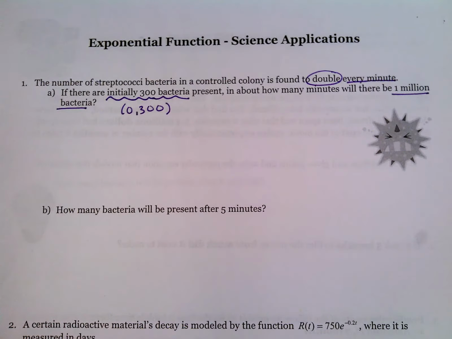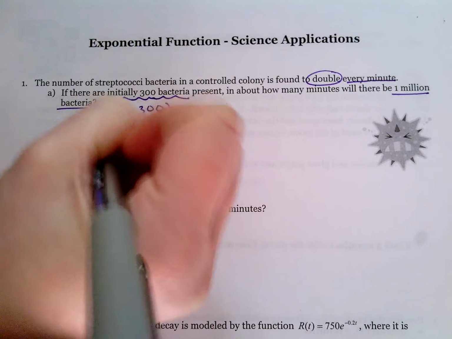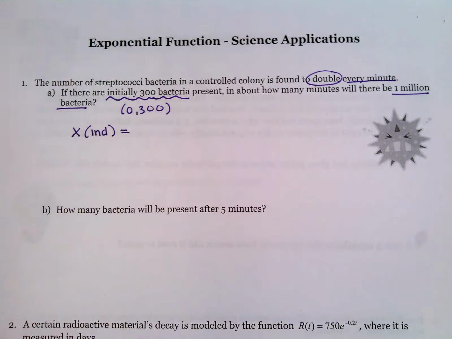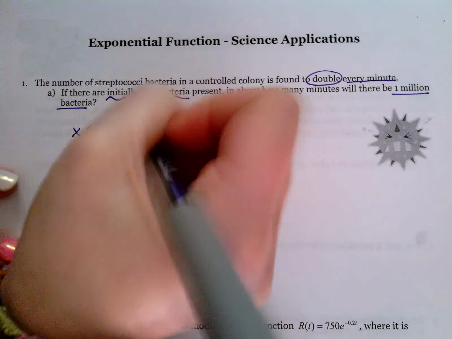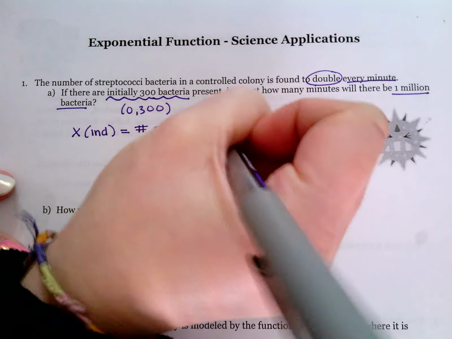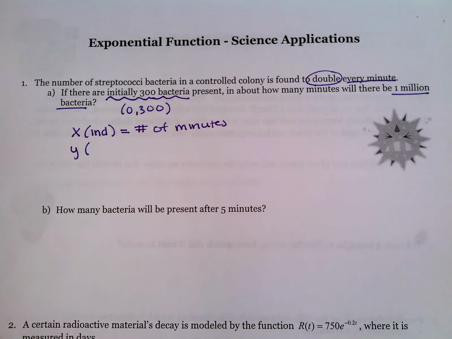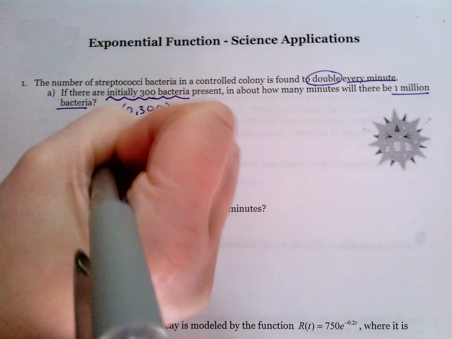So let's think about the variables. x, your independent variable, is going to be the number of minutes. And your y value, your dependent variable, is going to be the number of bacteria.